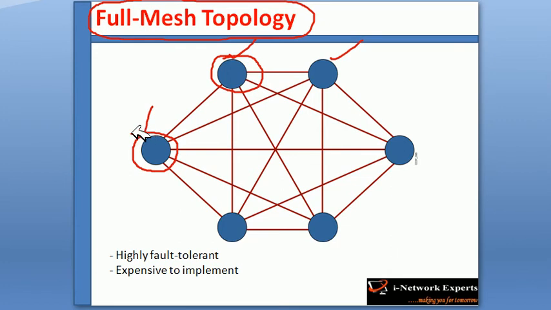Maybe this one is sitting in Kolkata, this one Chennai, this one Mumbai, this one Bangalore, this one Hyderabad, this one Delhi. Okay, so different cities are connected using the WAN connection, and all the routers are now connected with each other using the WAN. So this is called full mesh connectivity.